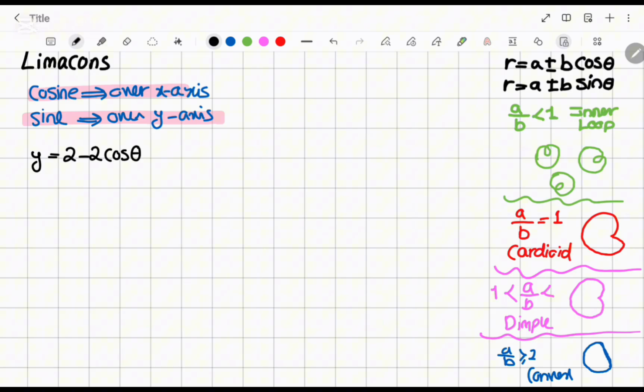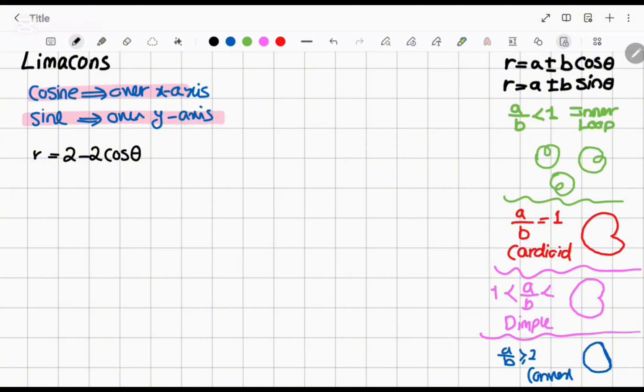Oh, sorry guys, this is r equals, because we're graphing it in a polar system. In order to graph this, the very first thing that you can do, and it's going to make everything 100,000 times easier, is to graph this on a rectangular coordinate plane with an x and y.